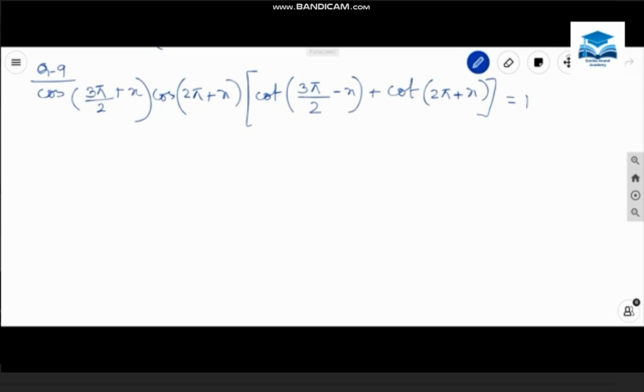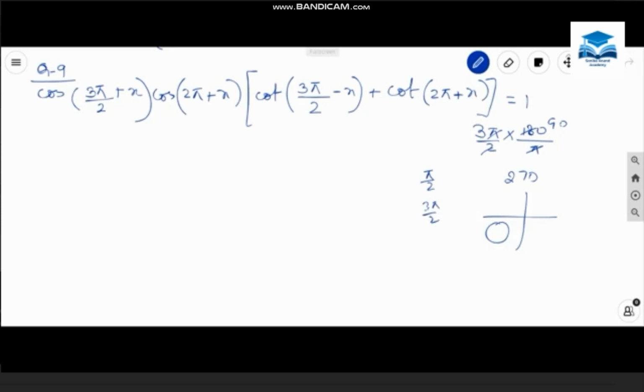Now, we again solve one by one. What is 3 pi by 2? When we solve, it becomes 180 by pi, pi gets cancelled. It is 90 and this is 270. That means the third quadrant. Now, whenever there is pi by 2 or 3 pi by 2, there is interconversion.